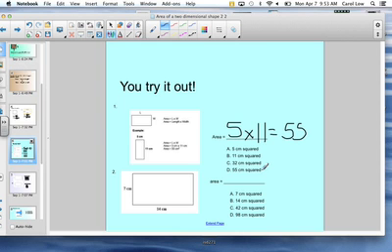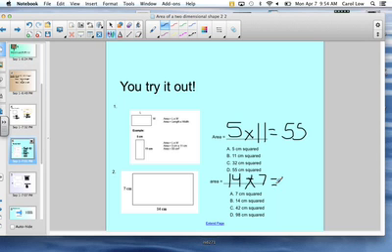The second one, the base, or the length, is 14 centimeters, and the height, or the width, is 7 centimeters. So how would you figure that out? You would do 14 times 7 equals, what does it equal?